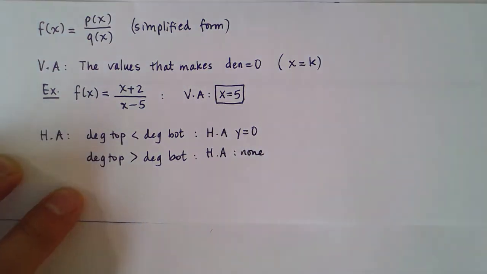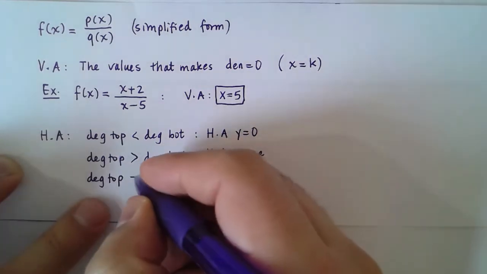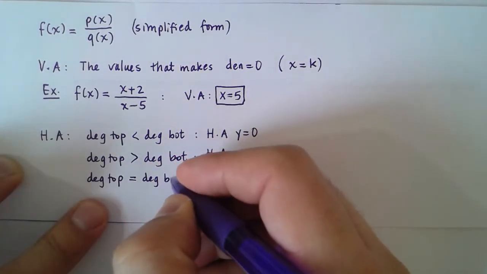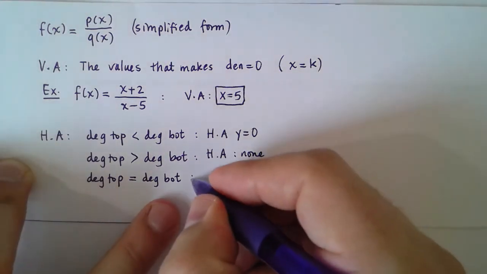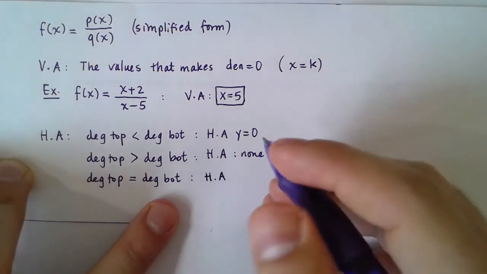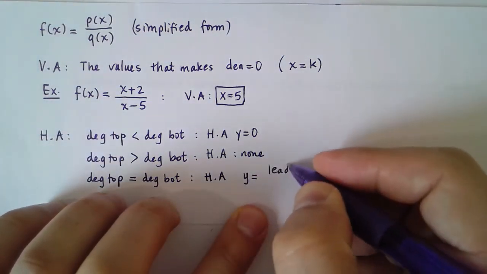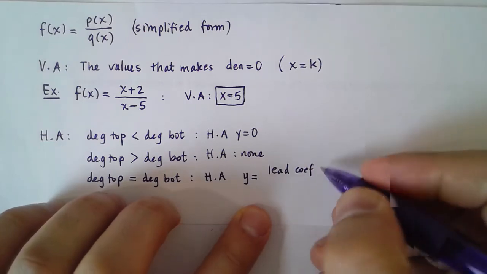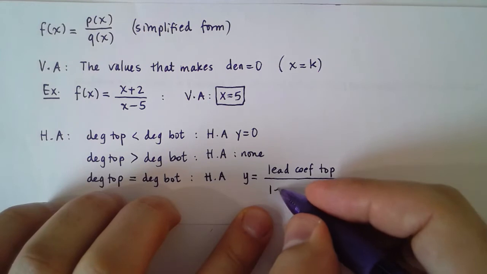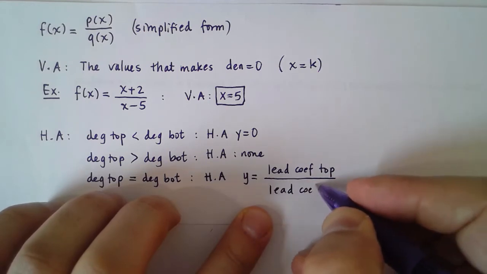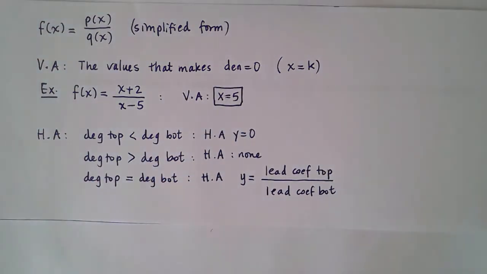We don't have a horizontal asymptote. And in the last part, if the degree of the top equals the degree of the bottom, I'm going to explain this over examples, then the horizontal asymptote will be y equals the leading coefficient of the top divided by the leading coefficient of the bottom. This is what we have.